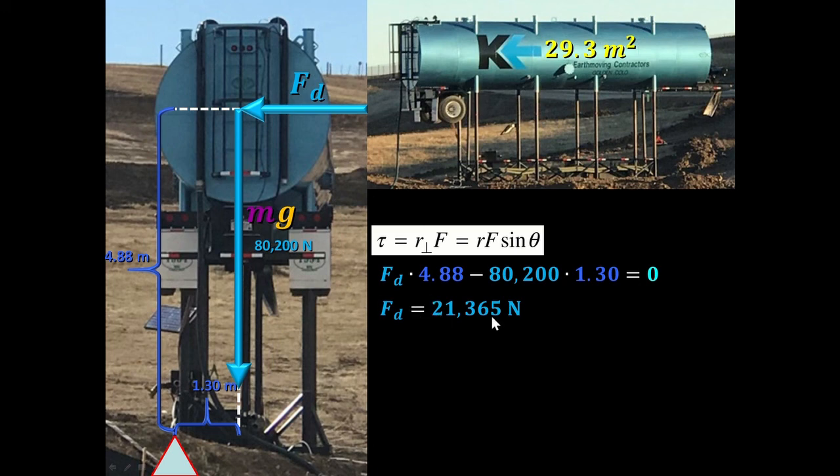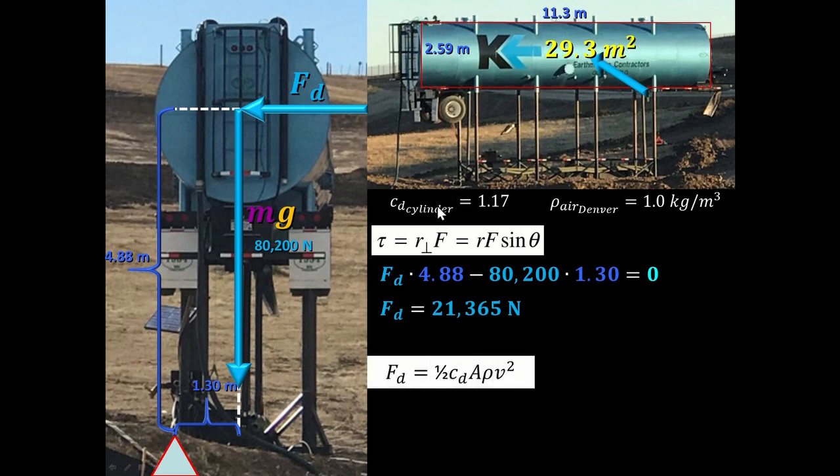Now we have to figure out how fast the wind would have to blow to make that happen. So the wind is blowing all on this area here, 29.3 square meters of surface area, and it's a cylinder, and this is the density of the air. So this is the equation we looked at back when we did the projectile trajectory spreadsheet calculating the trajectory based on air resistance.